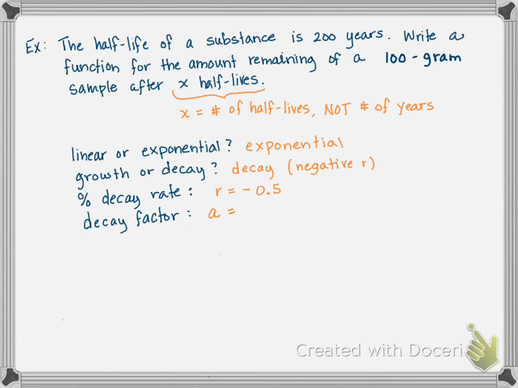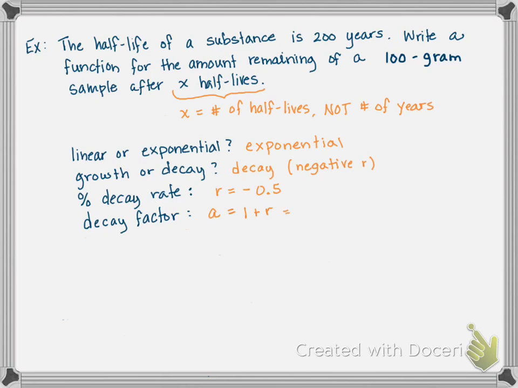Well, the decay rate is what's being lost, and the decay factor is what's left. It is the last thing on both sides of that piece of paper. It's the 100% I started with plus my percent rate of change.